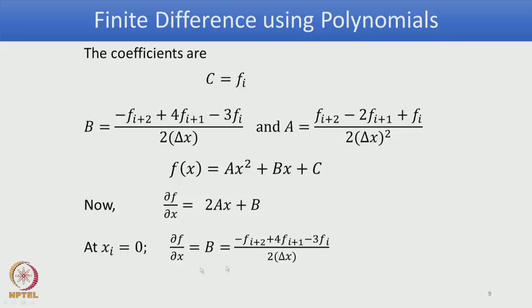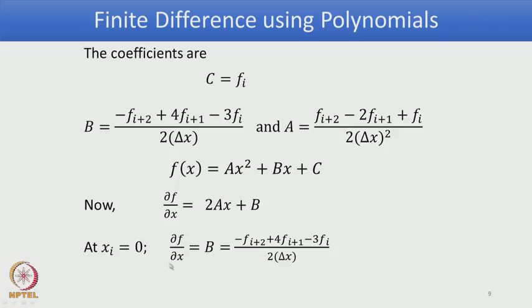Now, what we do in this expression is substitute f of I plus 2 from the Taylor series expansion. Similarly, f of I plus 1 from the Taylor series expansion, f of I is the same, that is on the right hand side, and we also know dou f by dou x evaluated by a different procedure, of different order of accuracy, and so on.